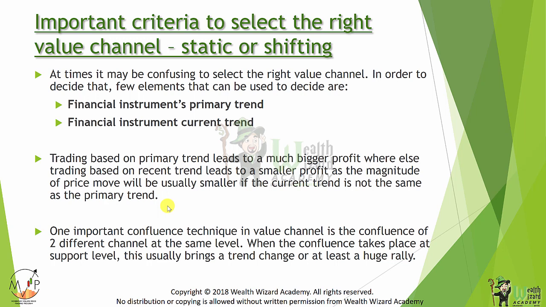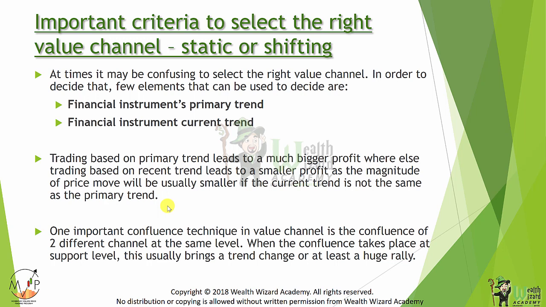Obviously it's not just going to go up all the way. There will be minor corrections, or what we call the secondary trend. When we are trading based on the secondary trend, the swings are much smaller compared to the price swings that take place in the primary trend. We're going to look at this in an example shortly.